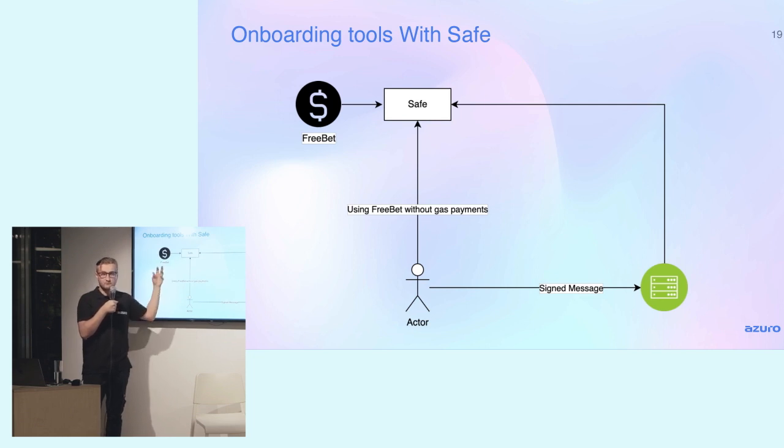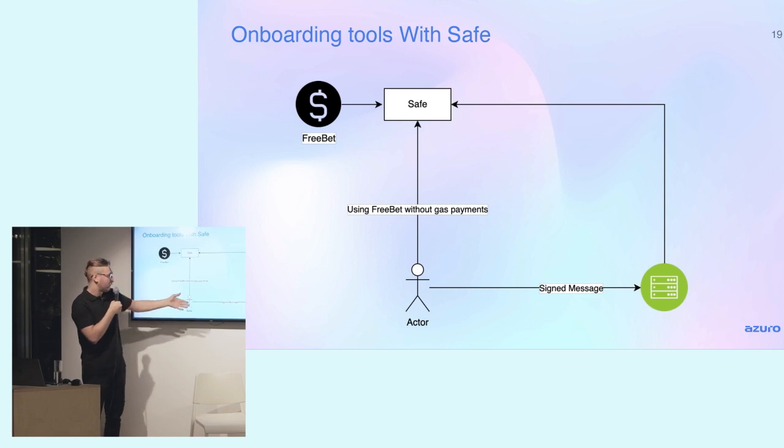He will not have to buy xDAI, etc. And then, if he wins, for example, he will already be motivated to continue using the application, continue using Gnosis chain, and probably put some money into his wallet.